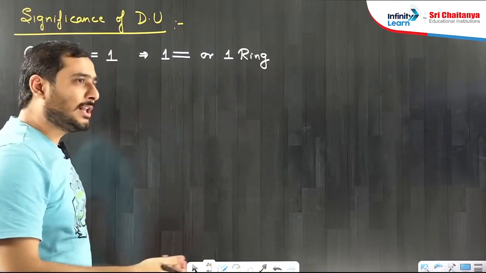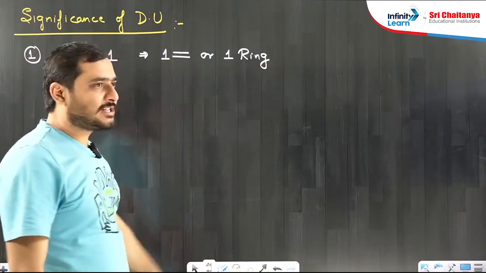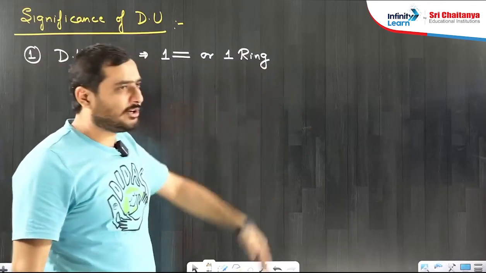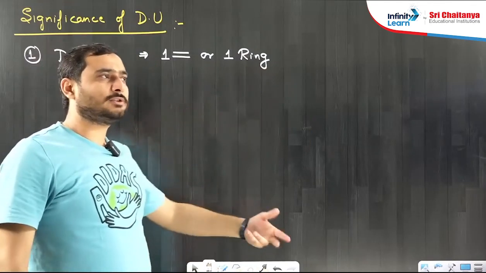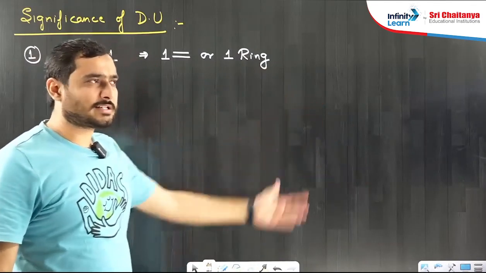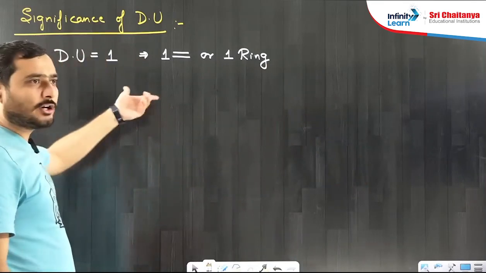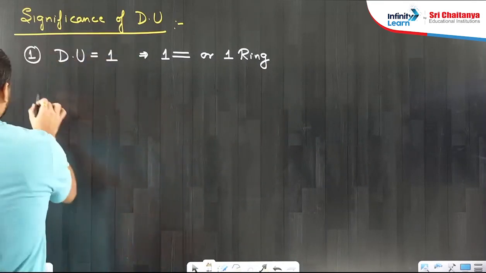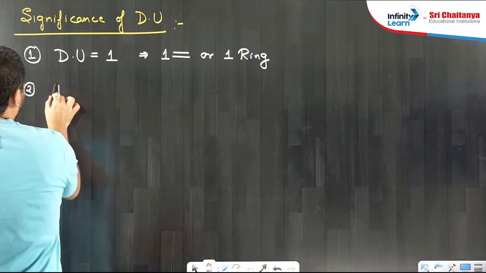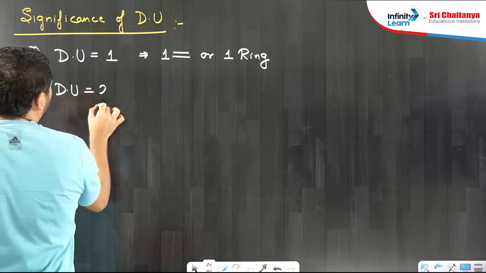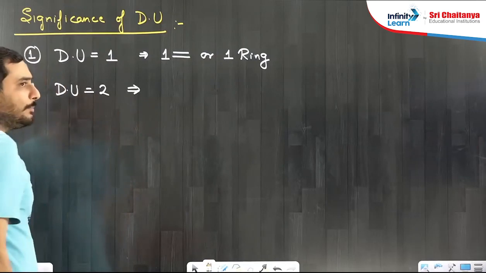So first we draw all the possible structures where a double bond is present, then we draw all the possible structures where one ring is present. The ring can be of 3 carbons, 4 carbons, 5 carbons, 6 carbons. That depends on the molecular formula given. Clear? Now next, if the degree of unsaturation given is 2, what are the possible cases?